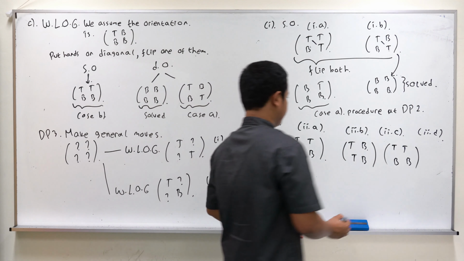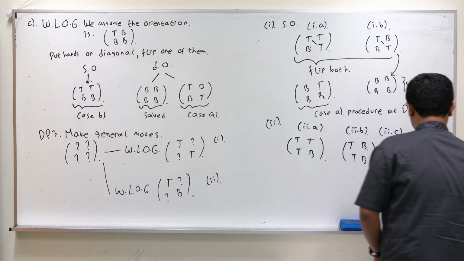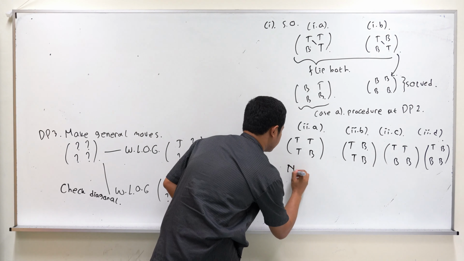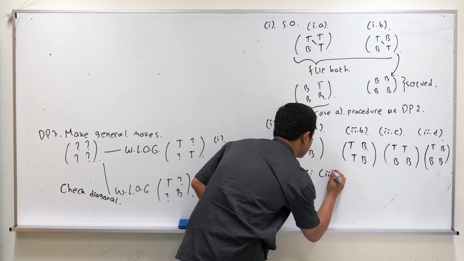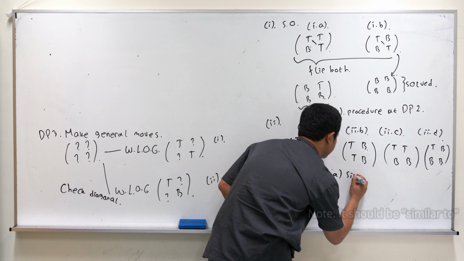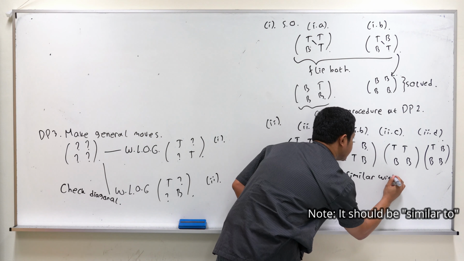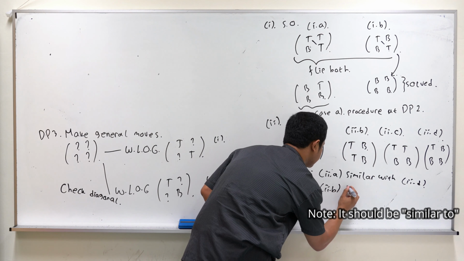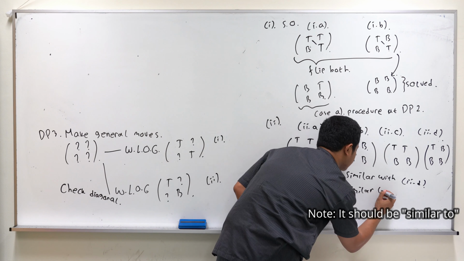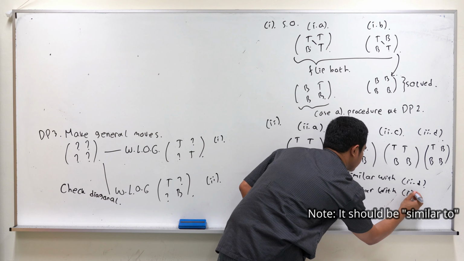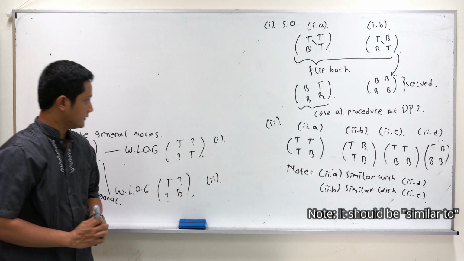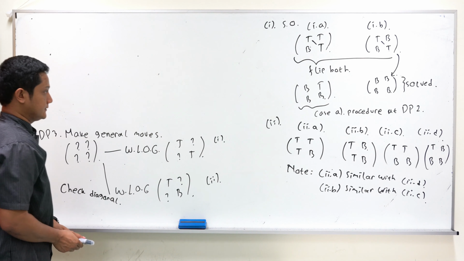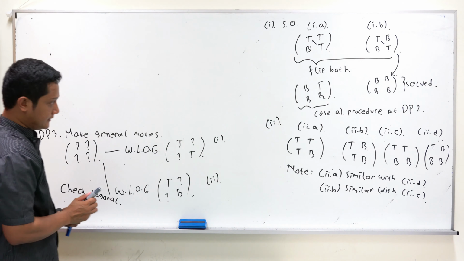And the last one is T, B, B, B. This one is similar to D, and then to B, similar to C. So we will solve A and B. That's enough.